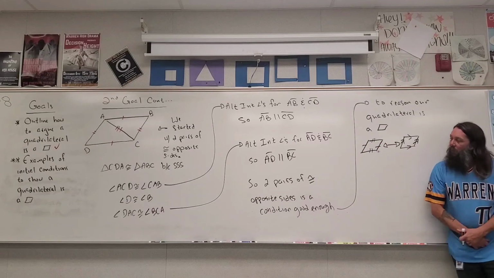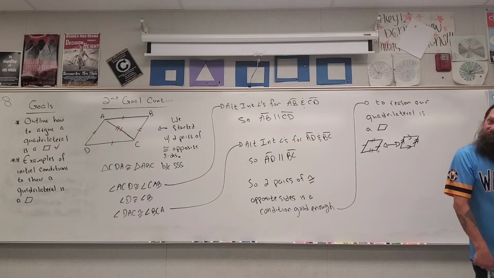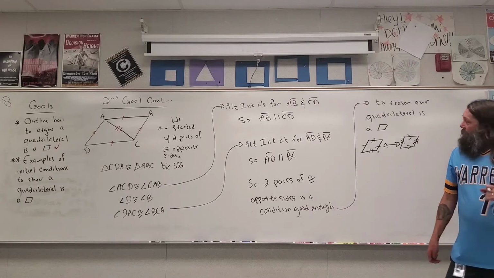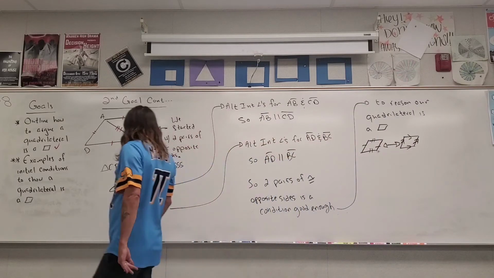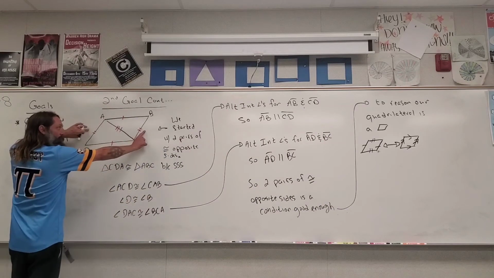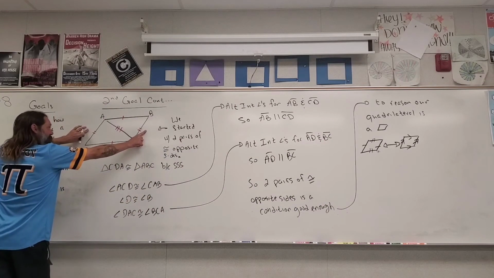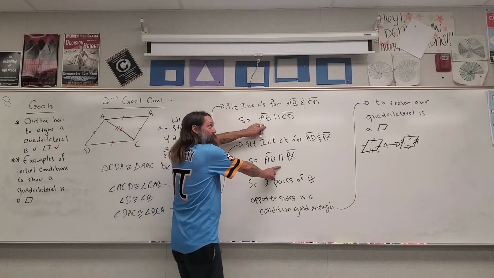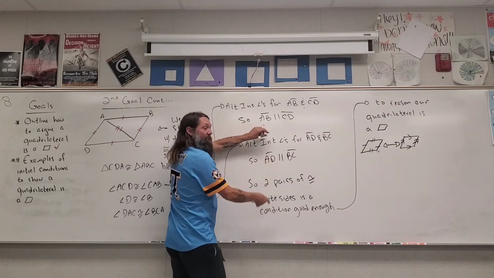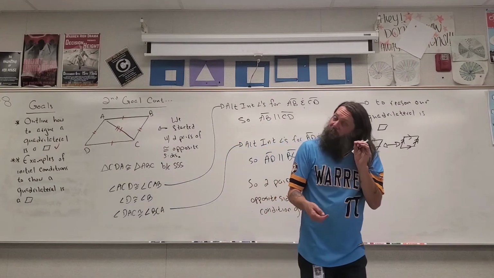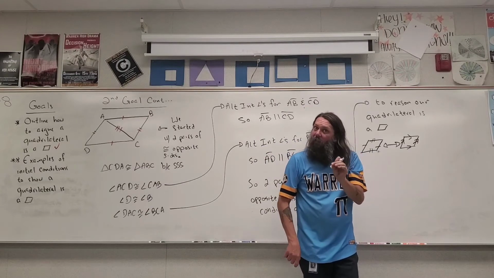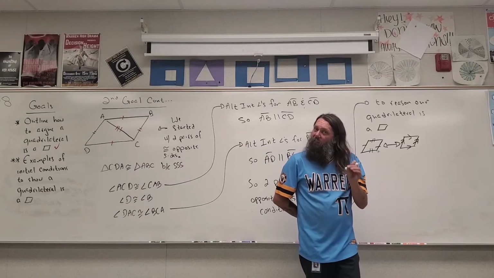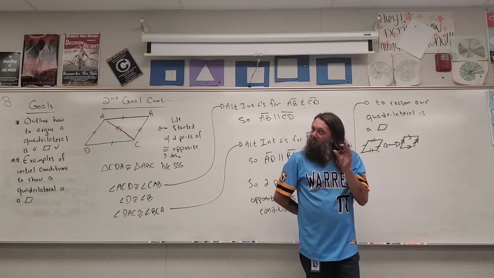It works both ways. Now, I want to stress one more thing, is now that we have established that two pairs of congruent opposite sides are good enough to result in two pairs of parallel opposite sides, we have another target that we can aim for when we're trying to determine if our quadrilateral is a parallelogram.